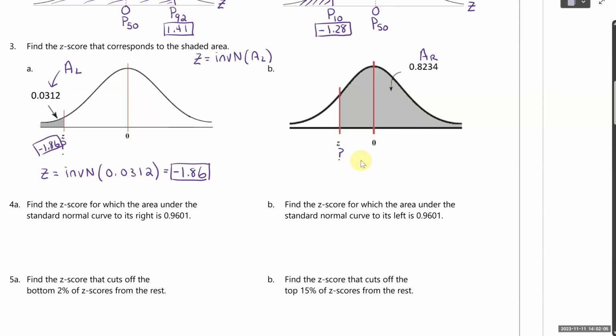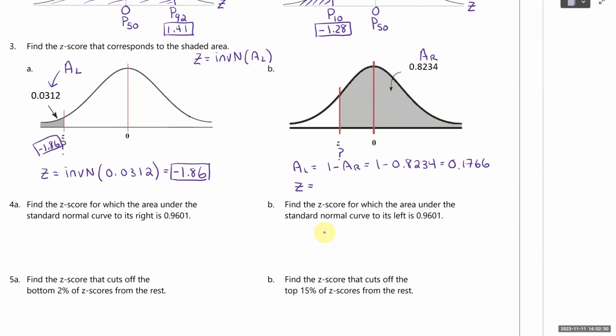But on B, they gave you the area right of the z-score, so we have to find the area left of it to use inverse norm. So area left is 1 minus area right. That will be 0.1766.